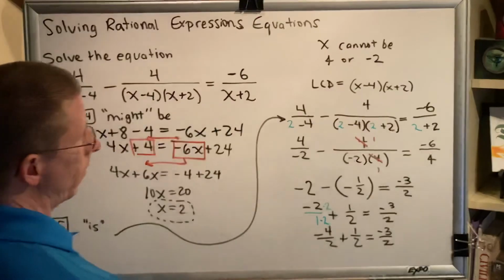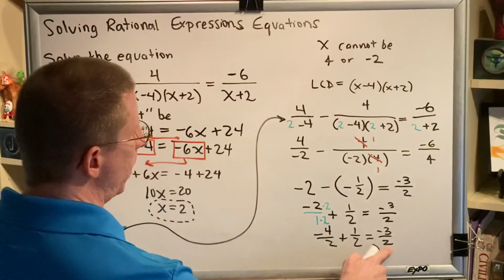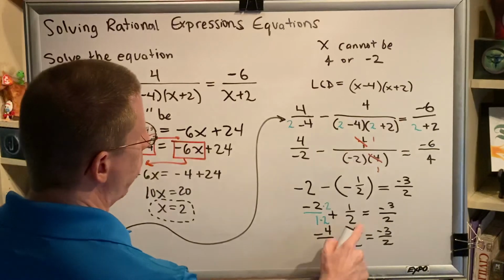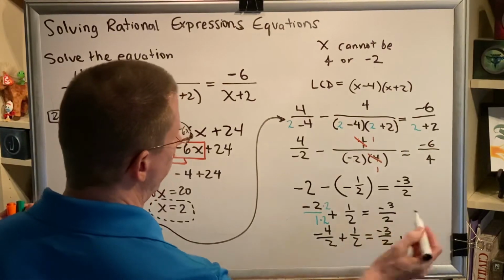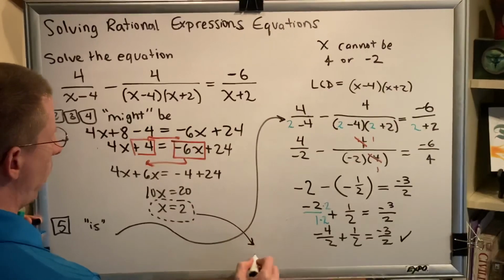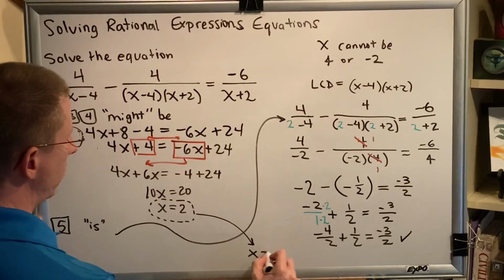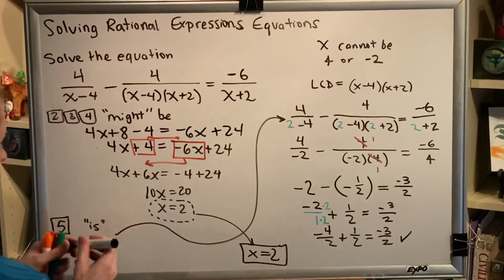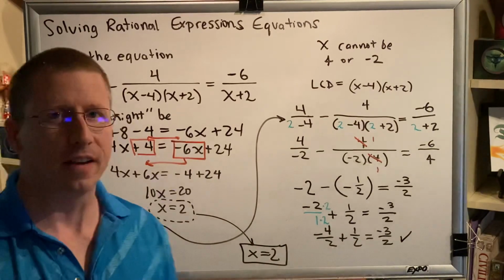And that is a true statement, because when fractions are added, you keep the common denominator, but you add the numerators. Negative 4 plus 1 is negative 3. This is a true statement, and that validates our answer. So our final answer is x equals 2. And that is the end of this problem.